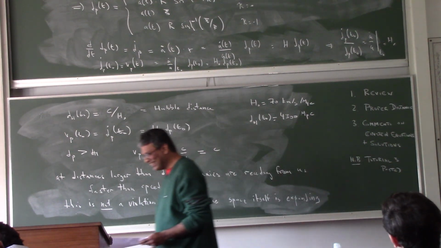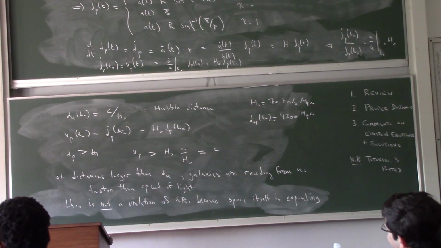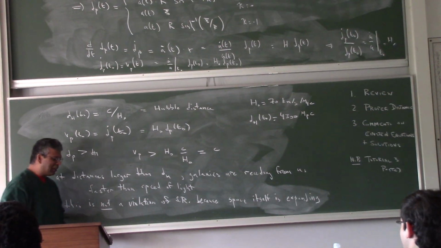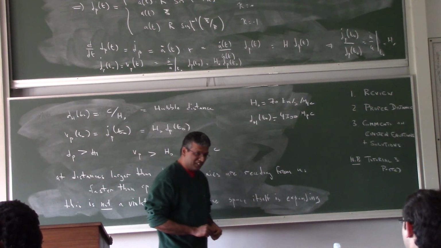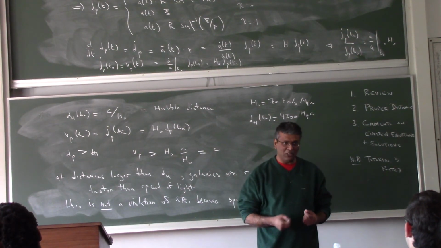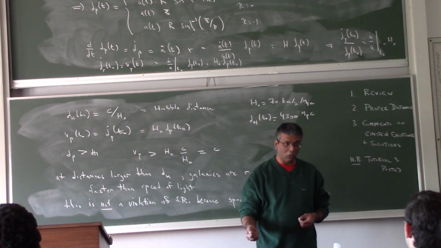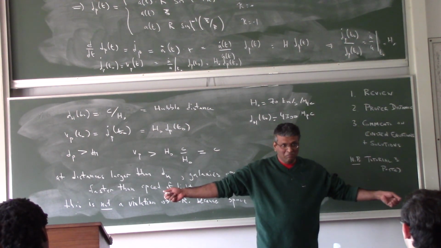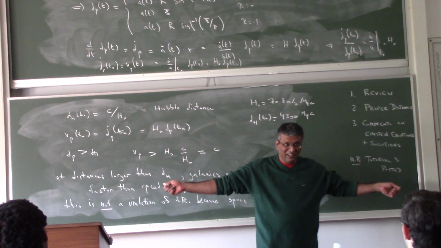So, but then why doesn't that violate special relativity if there is something that's going faster than the speed of light? Special relativity is really about communicating information. So as long as information can't be transmitted from one point to another point faster than the speed of light, you're not violating any of the laws of physics. Space is just expanding very rapidly. There's no reason why that can't happen.